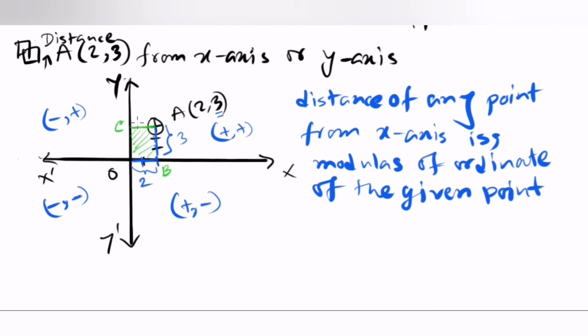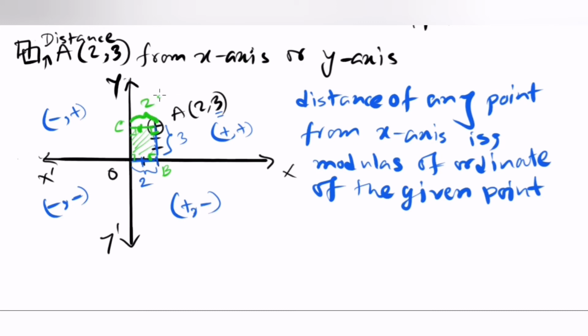Suppose OBSC is a rectangle, because you know opposite sides are equal here, and as it is a graph paper, all the angles are right angles. So this is our perpendicular distance from A to the y-axis. What is the value? Here we know opposite sides are equal, so if OB is 2 units, AC is also 2 units.